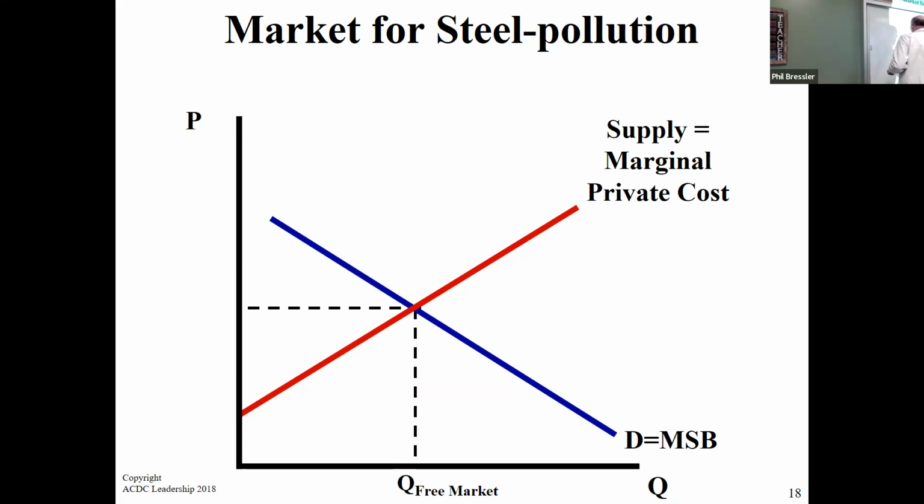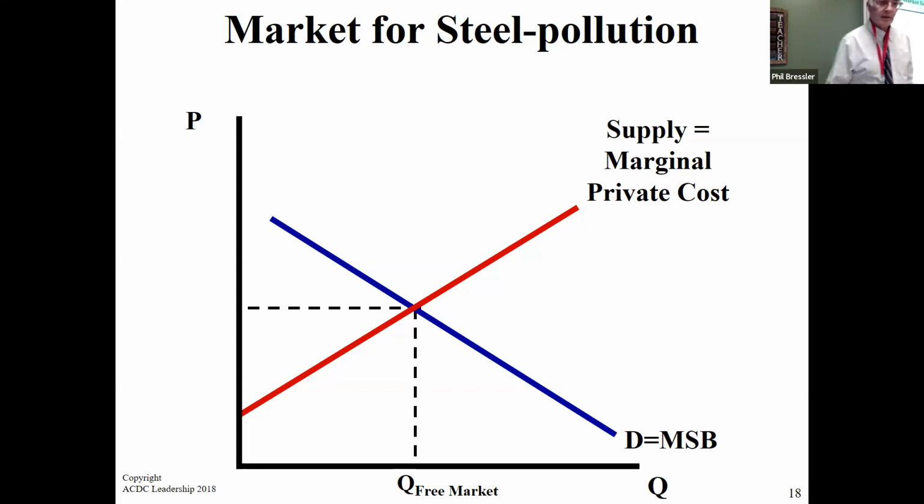I put PM, price market, QM, quantity market. Now, the supply curve is the marginal private cost curve, and the demand curve is marginal social benefit and marginal private benefit. The reason is they equal each other because the demand curve here is not going to change.